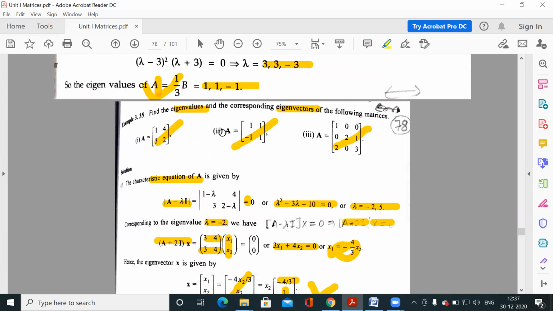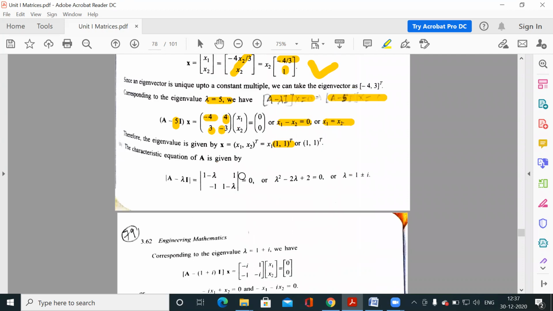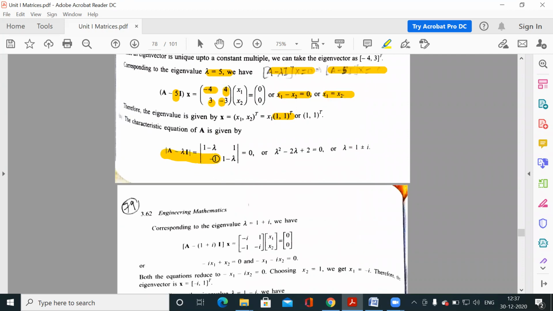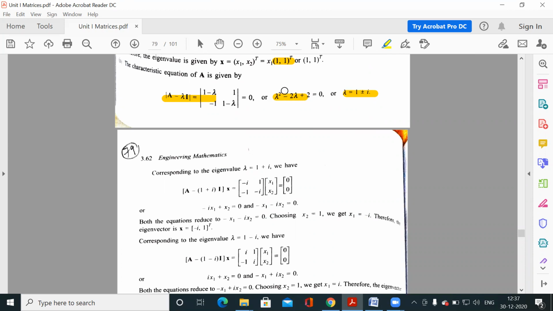Now similarly, this is also a 2 by 2 matrix. For the characteristic equation, a quadratic equation, if you find the roots, you will get two complex eigenvalues, 1 plus i and 1 minus i.